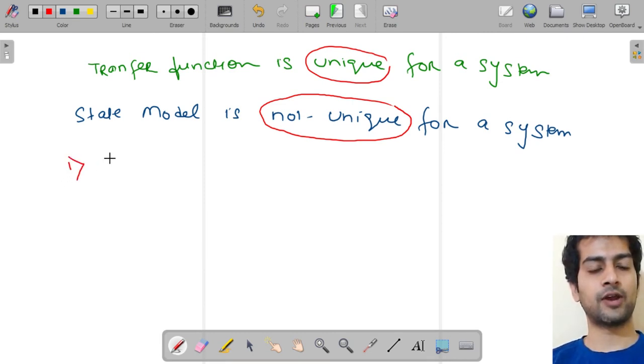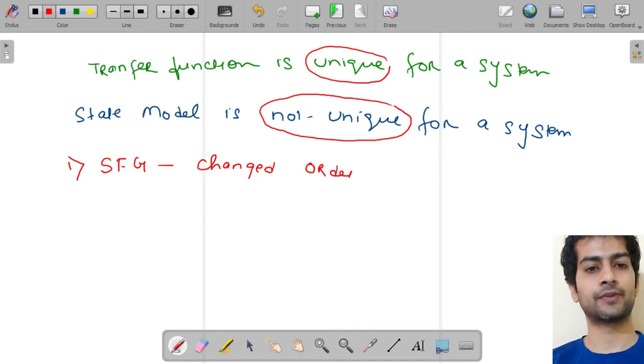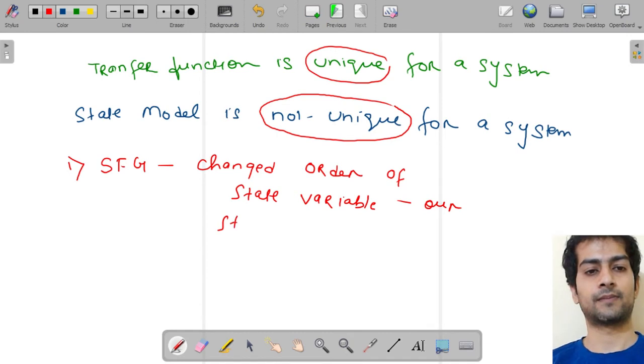First, when we were discussing SFG, there we saw that as we changed the order of state variables, our state model changed.